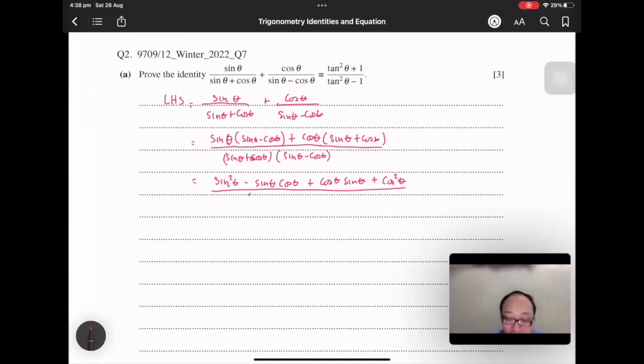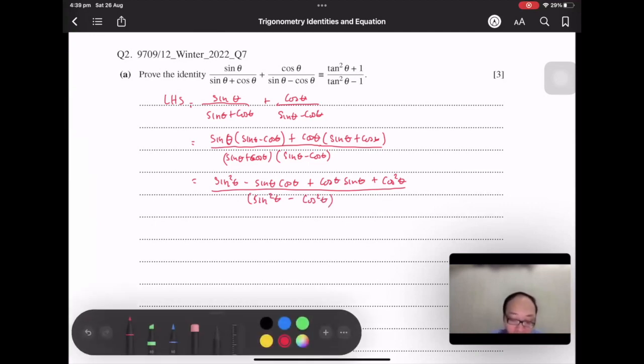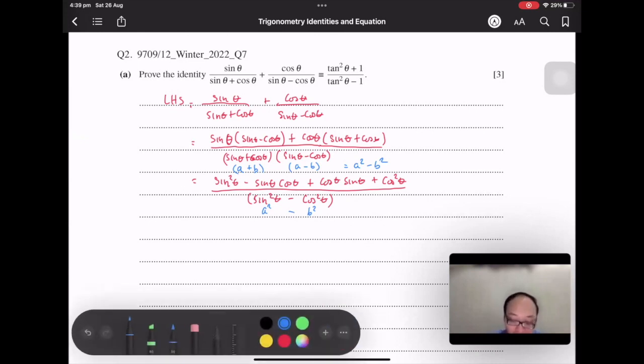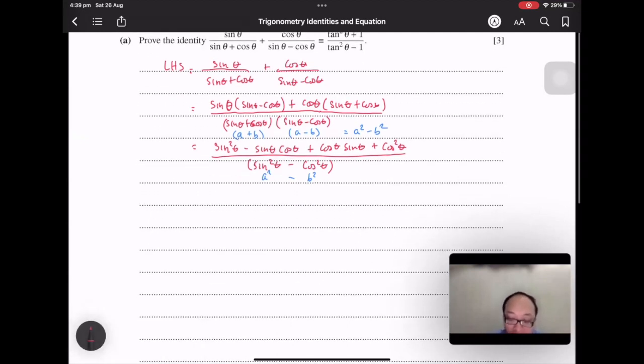The denominator will be sin square theta minus cos square theta. This fulfills the special factorization: a plus b times a minus b equals a square minus b square, so this is a square and this is b square. And then we can simplify.